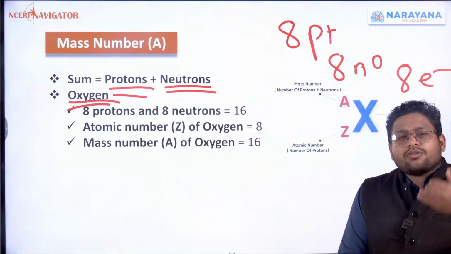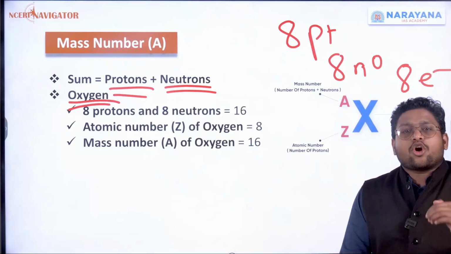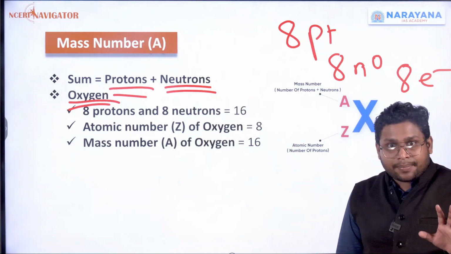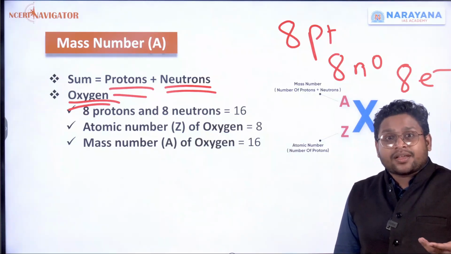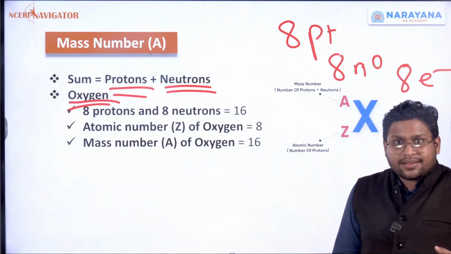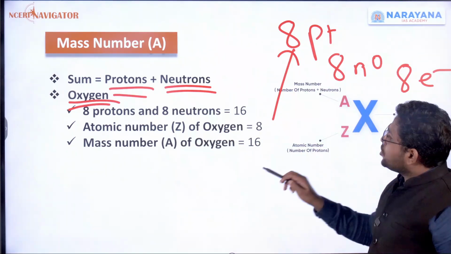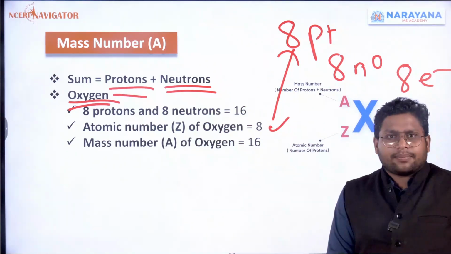Okay, now if I ask you what is the atomic number of oxygen, what do we say? The number of protons that are present shows the atomic number. So the number of protons is 8, so 8 will be the atomic number.